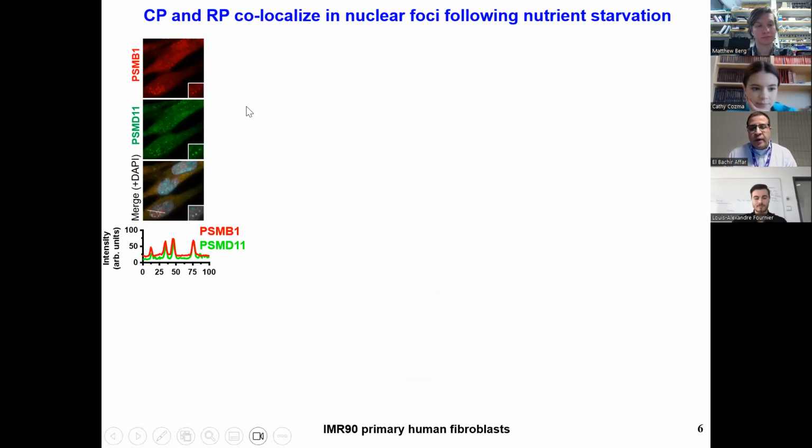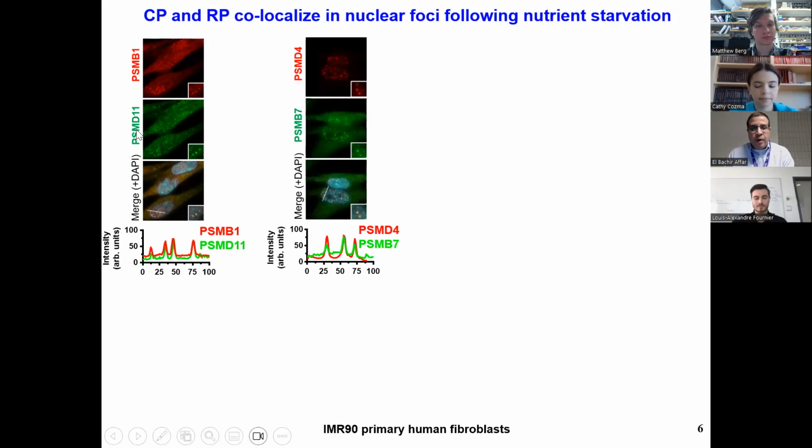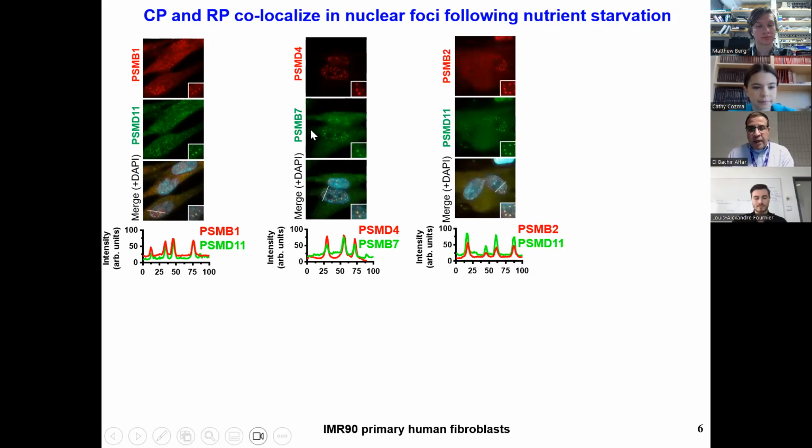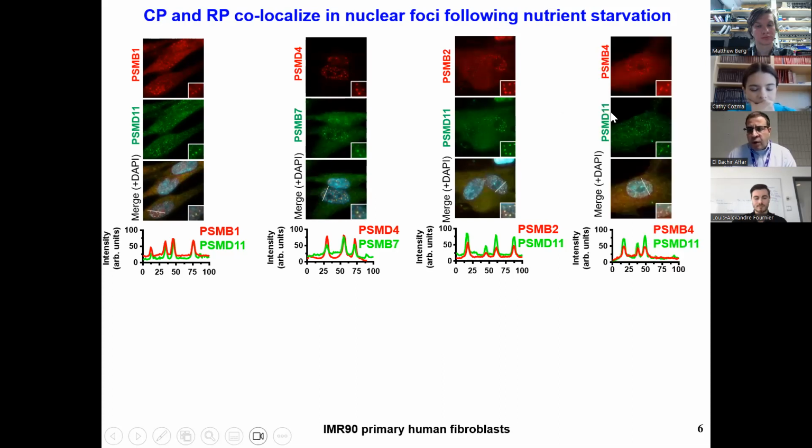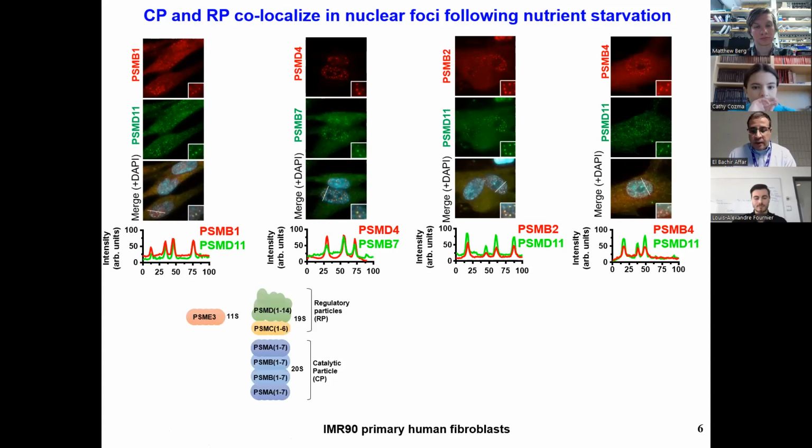So he used a lot of antibodies for endogenous proteins, and each time he could see the co-localization of a component of the catalytic particle with a component of the regulatory particle. For example, PSMB1, PSMD11, PSMD4 with PSMB7, PSMB2, D11, B4 with D11. So there is really nice co-localization with all these components of the proteasome in the nucleus upon nutrient deprivation.